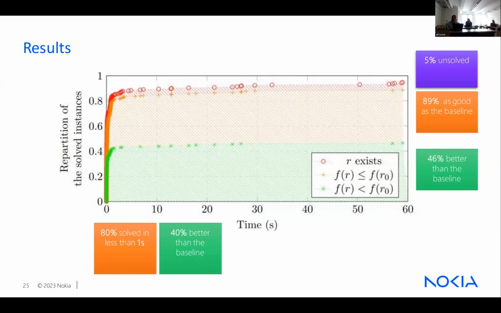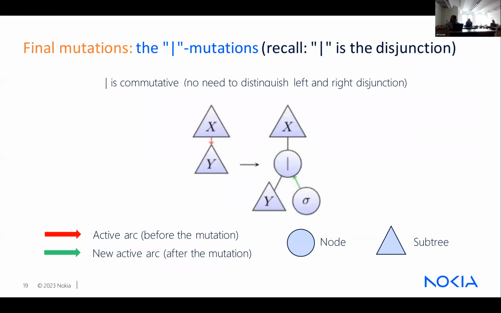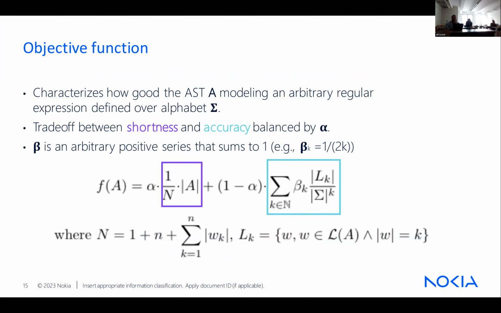And another question, can you go back to the formula for the objective function f? As far as I understand, each time you're testing a new AST, you will compute this objective function for the AST, and so in here there is an infinite sum over something combinatorial.